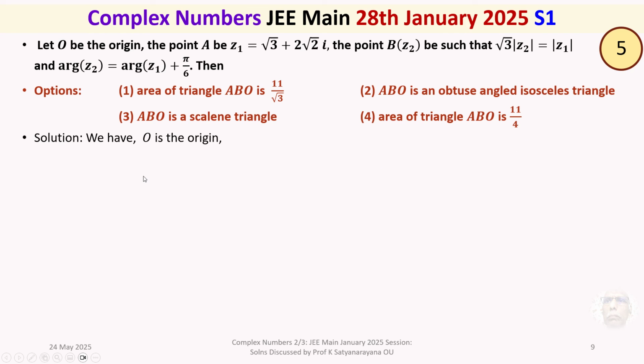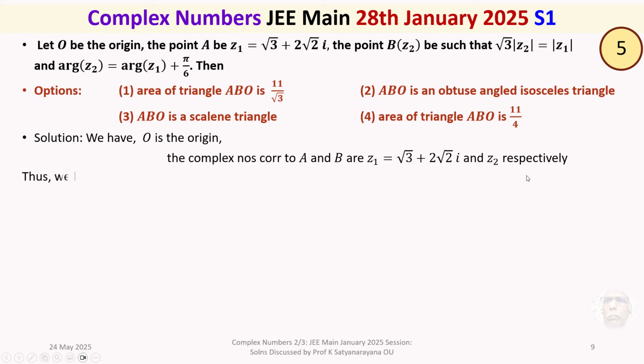Let's now discuss the solution of the problem in detail. We have O, the origin in the Argand plane. The complex numbers corresponding to A and B are Z1 equal to root 3 plus 2 root 2 i, that of A, and Z2, that of B, respectively. Thus we have the triangle ABO.